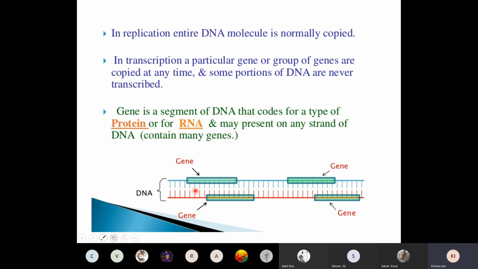Because DNA is double stranded, in the same area, where let us say this is a 5' orientation and this is a 3' orientation, and this is 5' and this is 3' in the anti-parallel strand, the gene, which is a segment which codes for a protein or RNA, may be present either on this strand or on this strand, or actually on both strands. So the definition of gene is now all encompassing in that it can be there on either of the strands, and it can code either for protein or for RNA.